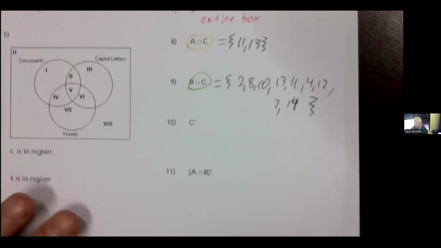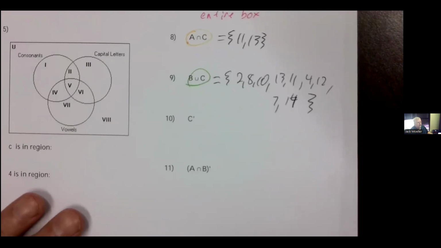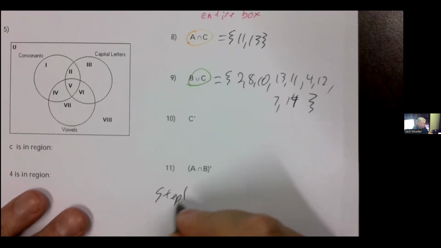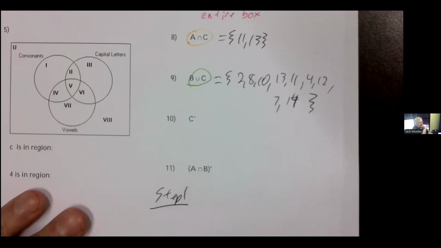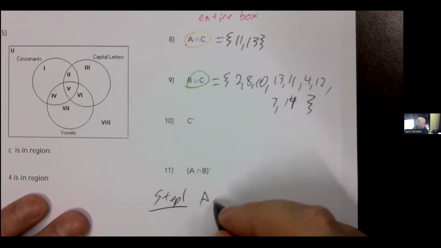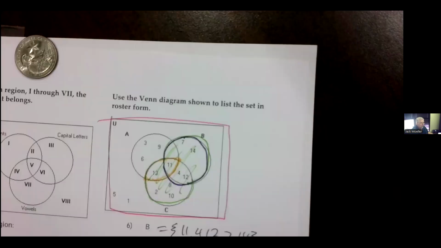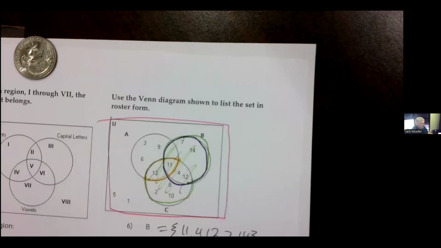All right, how about the two-step operation, A intersection the complement of that? So where do we start? Well, we start inside the parentheses. So start with A intersection B. Where is A intersection B?